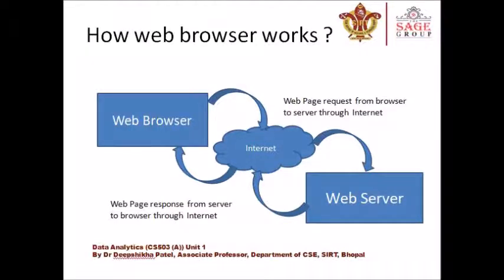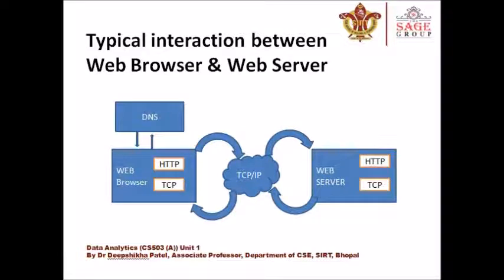Now we will have a look at the detailed process, what exactly happens. Before starting the detailed interaction between a web browser and web server, I am considering that you are all aware of what the World Wide Web is, what DNS is, what TCP is, what HTTP is, etc. So here we start with what exactly happens when a user is looking for a resource that is located on a web server.